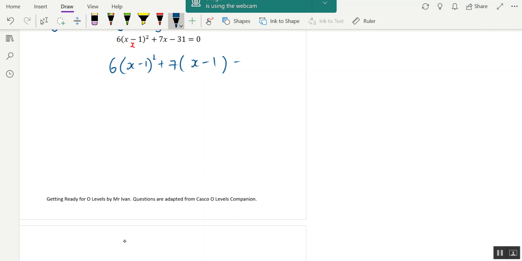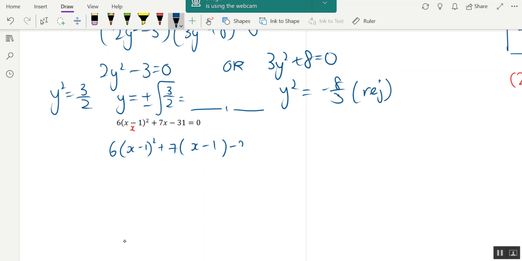And then minus 24 equals 0. Now how did my 31 become 24? It didn't, because over here this is 7x minus 7, and then that minus 7 minus 24 equals your negative 31.